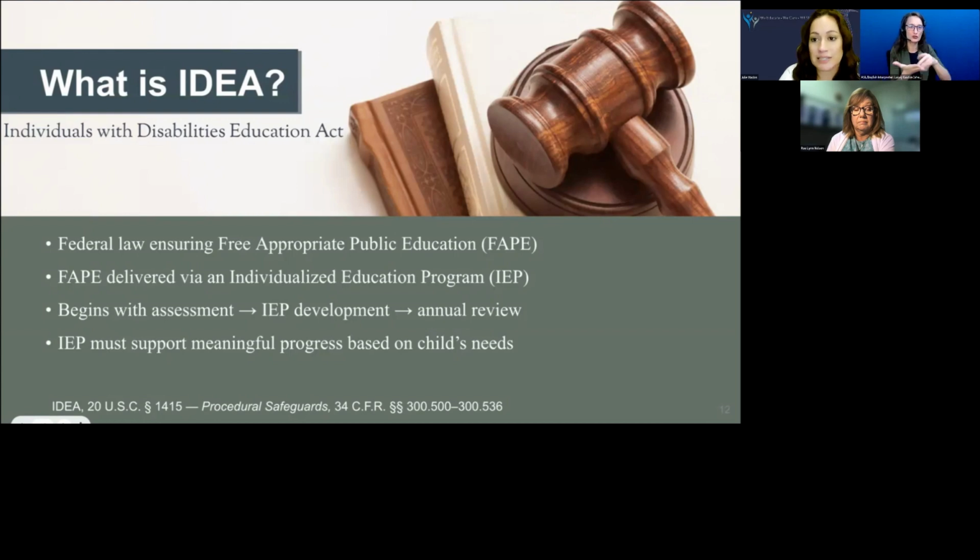It starts with an assessment. So an initial assessment is conducted, and then from that, an IEP is developed and reviewed annually. The IEP must support meaningful progress based on the child's needs. That's just a quick overview of IDEA. Next slide, please.